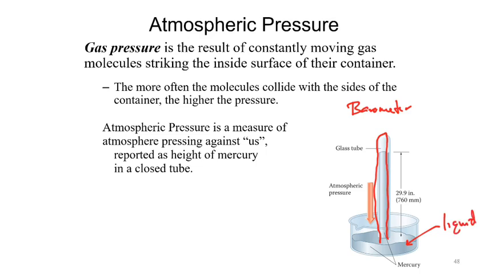We'll then invert that tube in a bath of that same liquid. And so what we would expect, because if we just inverted that tube, the liquid should fall out of said tube. But if I've now inverted it into a secondary container that has more liquid in the bottom of it, we'll notice the liquid doesn't all just fall out.